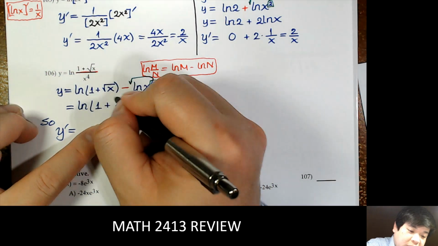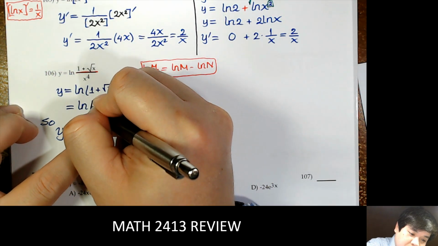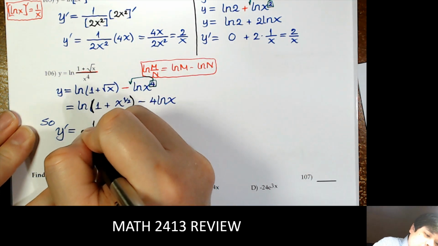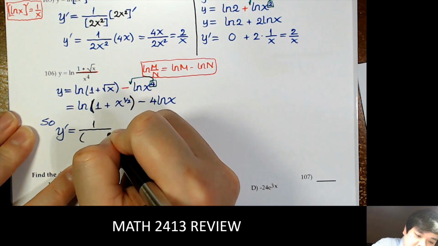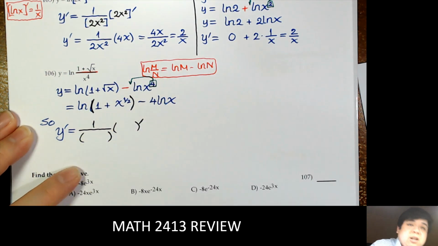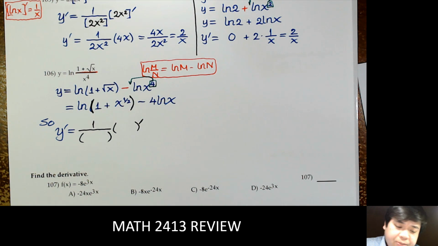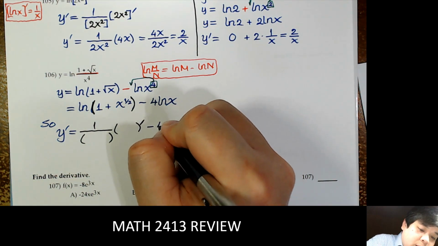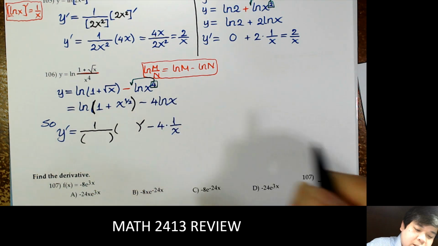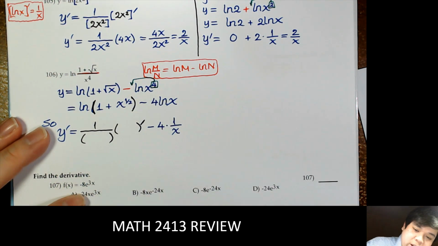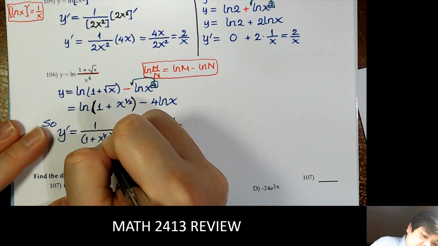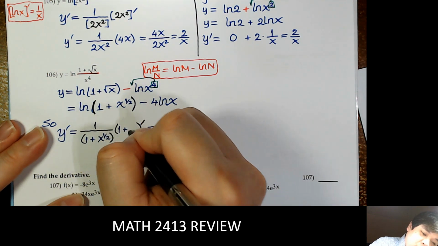We cannot break this out any further, so we're going to use the chain rule. ln of something is 1 over that thing, times the derivative. That's the standard for the chain rule. The derivative of ln of x is 1 over x. Then in the parentheses we have 1 plus x to the 1/2.